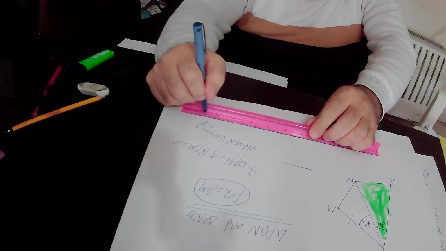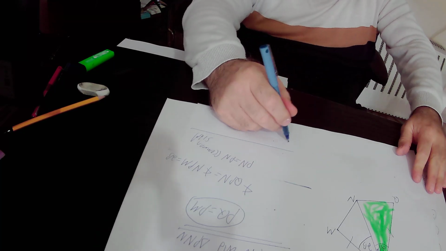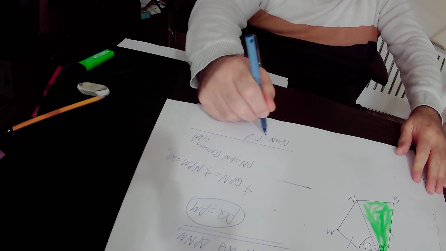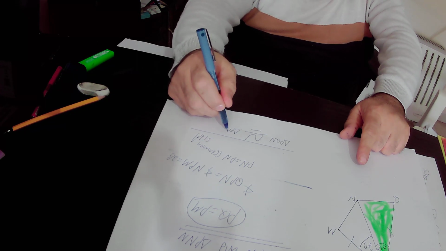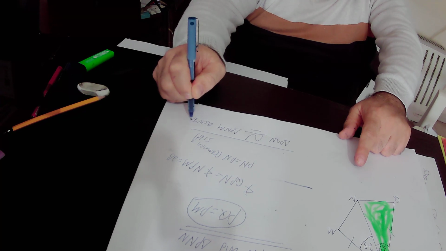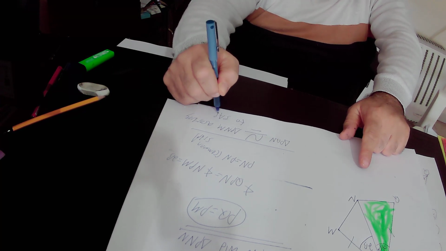So we actually proved that the green triangle PQN is congruent to the white triangle PNM, according to the side angle side rule.